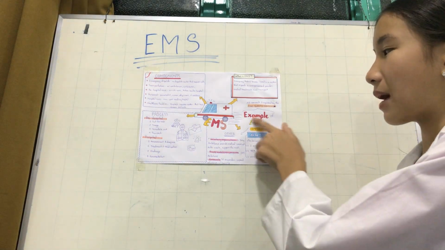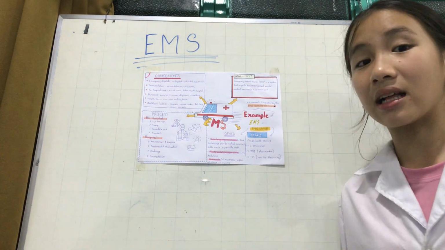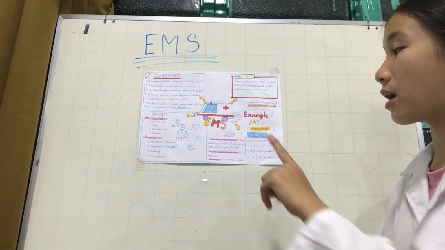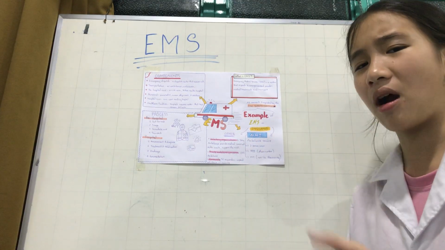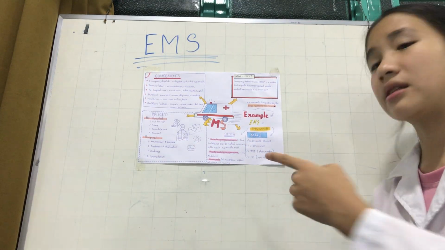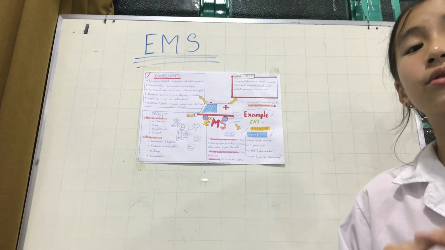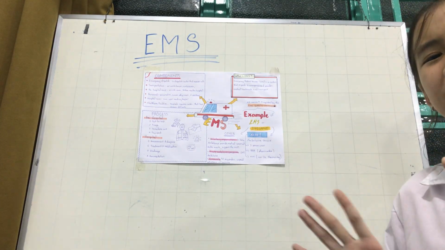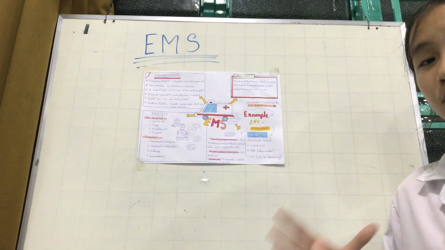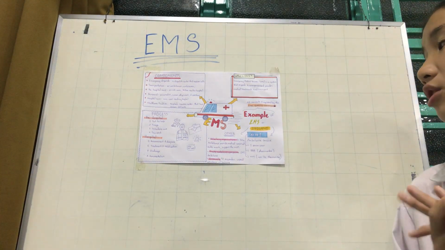Lastly, I'm going to talk about the example of EMS in England. Now, there are two main parts. There is the NHS and the other parts. For the NHS ambulance service, most of the time it will be a two-person crew or more.